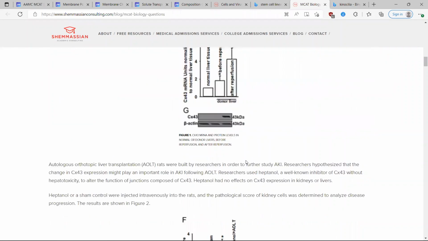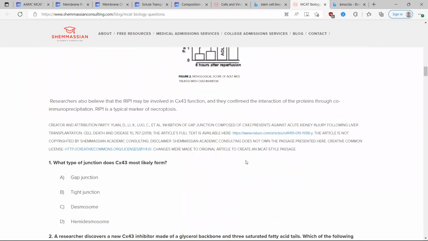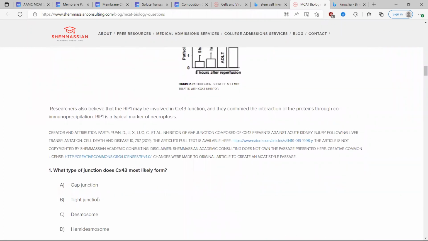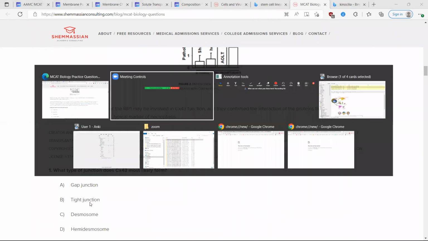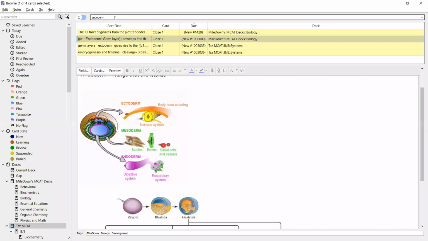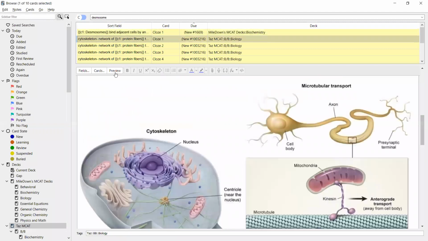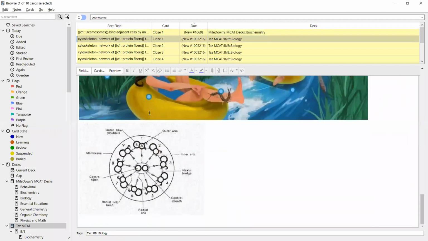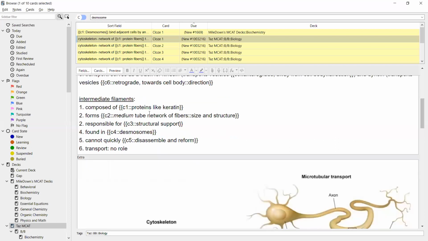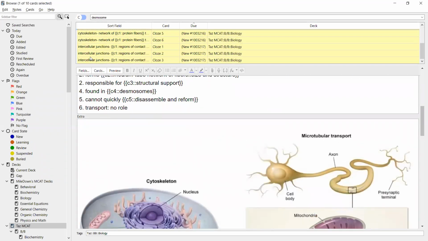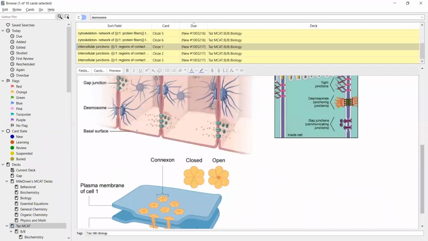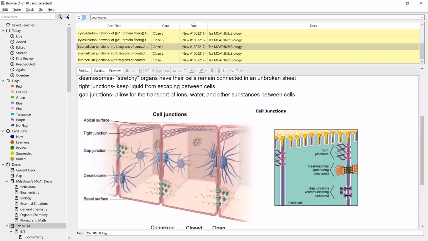So which of these options sounds the most like that? Gap junctions, tight junctions, desmosomes, hemidesmosomes. We talked about the various types of cell junctions, right?